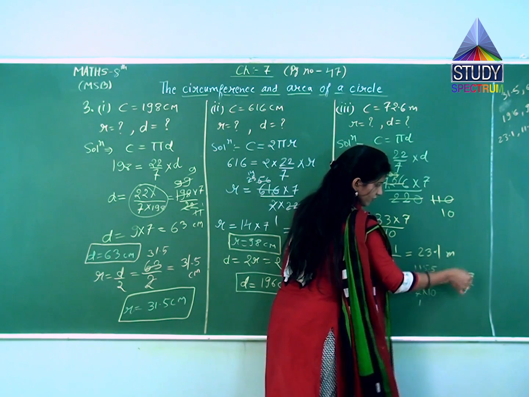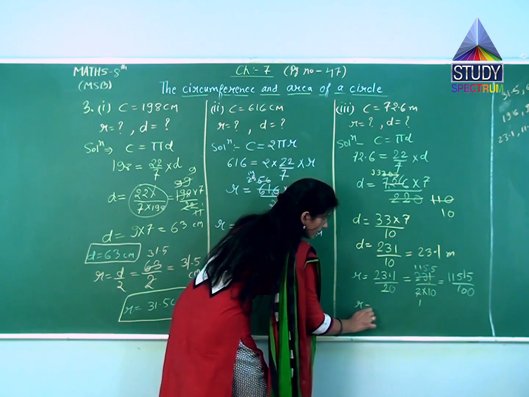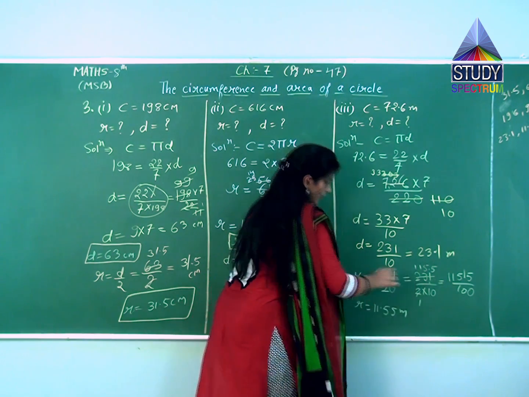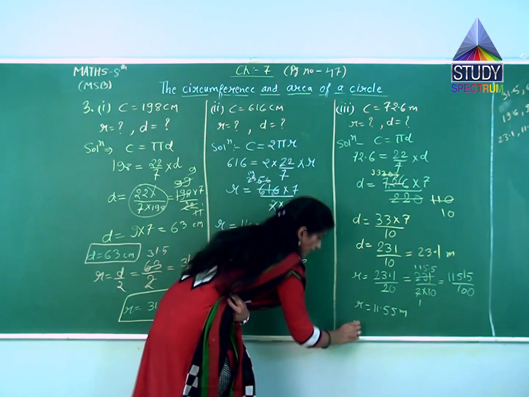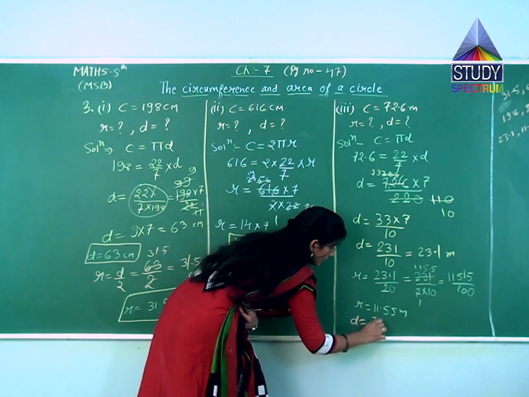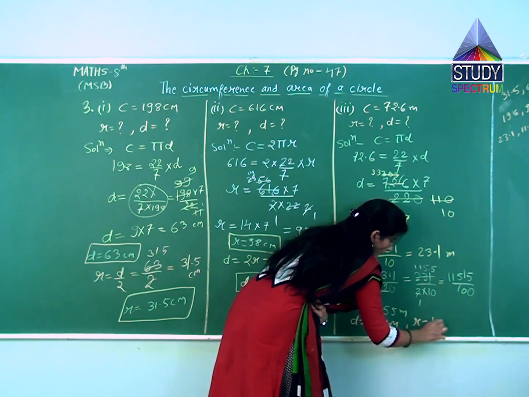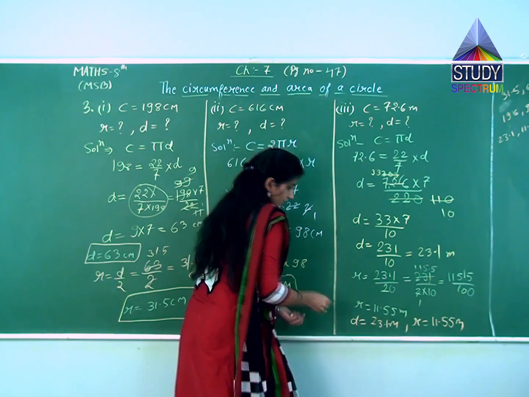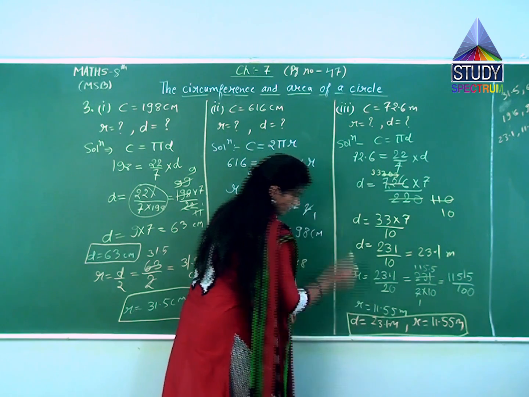Again we remove this decimal and we get 11.55 meter for our radius. So our value for diameter is 23.1 meters and our value for radius is 11.55 meter. And this is the final answer of this question.